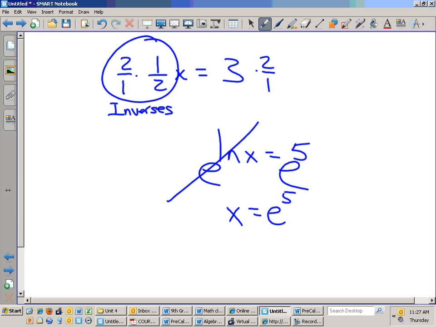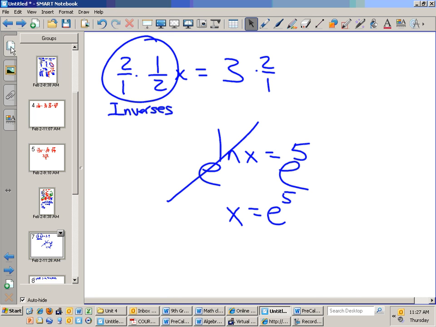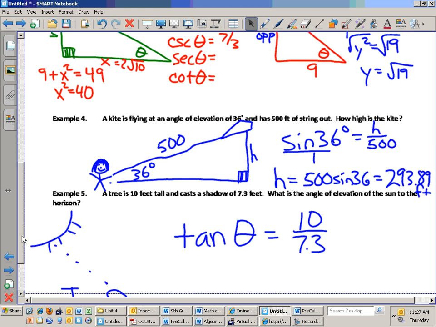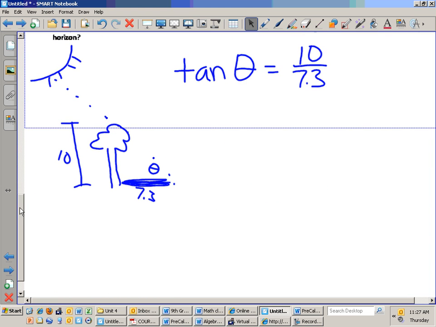Well, the same thing happens with trigonometry. Some people said, well, can we take the cotangent of both sides? That's not what happens. You don't take the cotangent of both sides. What you simply do is take the tangent inverse of both sides. So I'm going to write this out, and this is the only time I will write this out. You won't do this in the future.